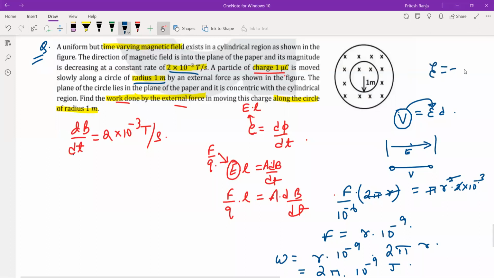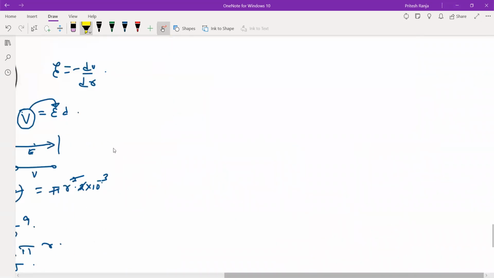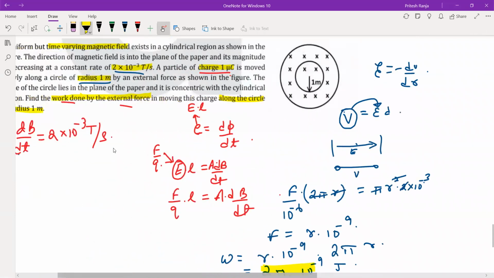E is equal to negative dV/dr. This was the relation, right? That means potential decreases in the direction of electric field. If there is no electric field, there will be no concept of potential. Okay, this is understood. We found the work as 2π into 10 to power minus 9 joules.